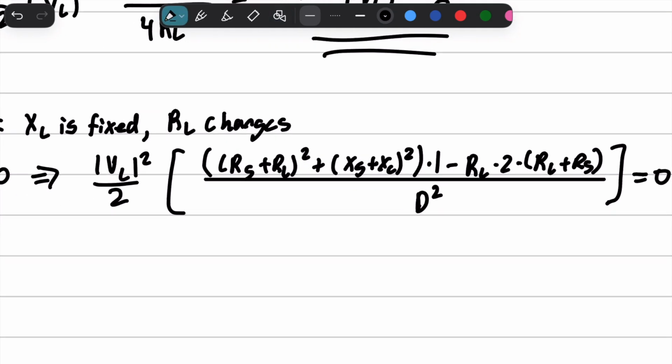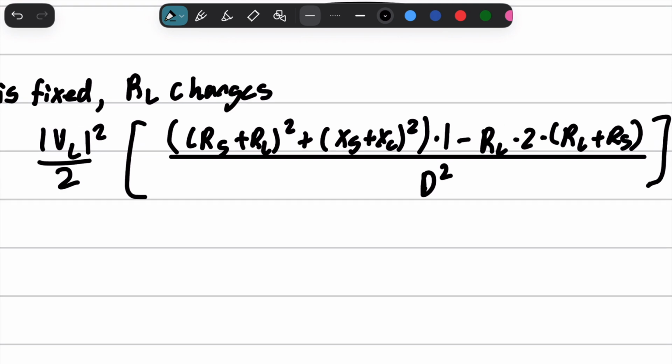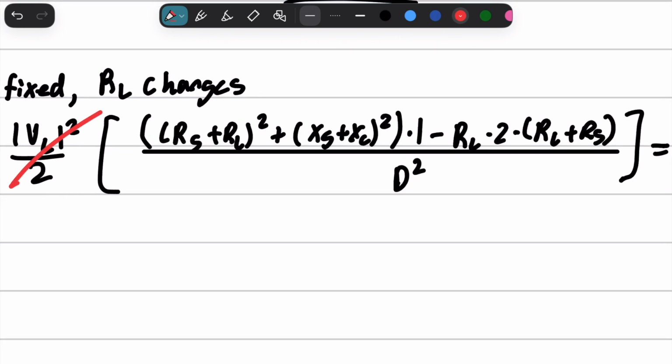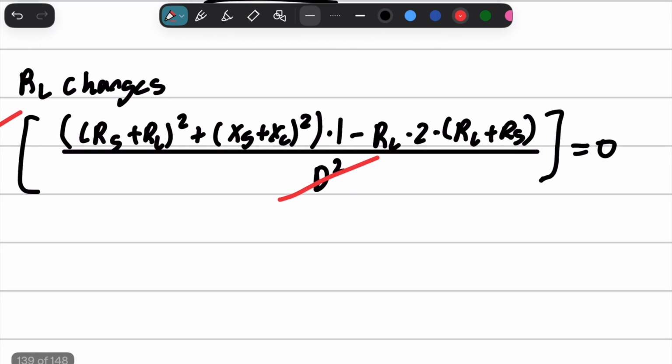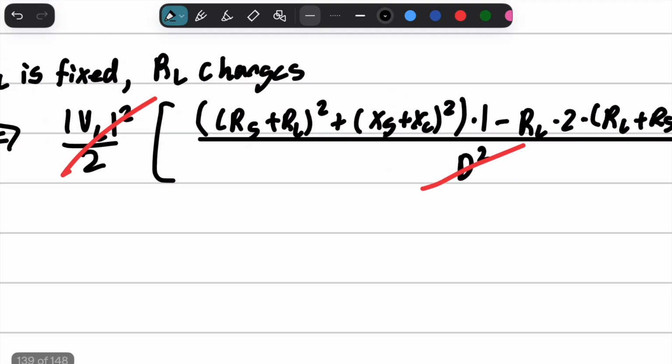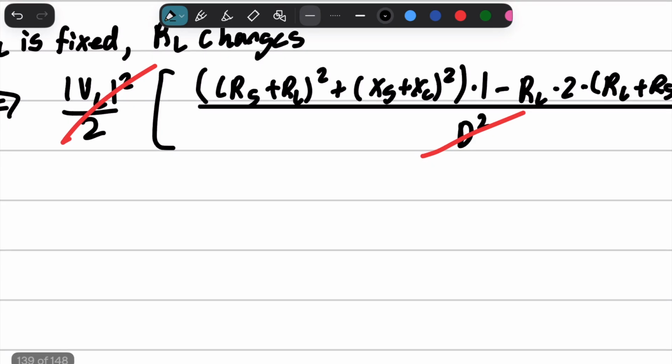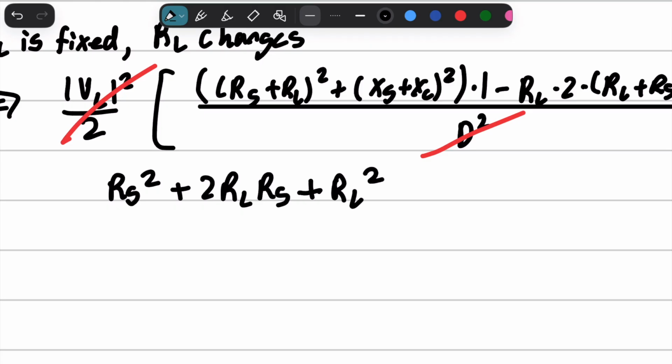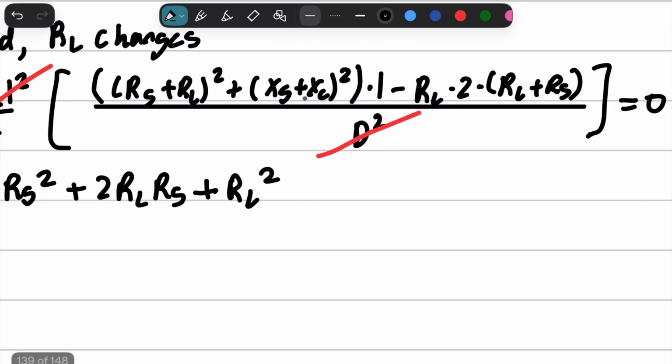And it should be trivial at this point now, but we're going to go ahead and remove these, and then we're going to simplify. I'm going to keep this the same way. I'm not going to expand this right here. I'm just going to say RS squared plus 2RL RS plus RL squared. I'm going to just keep that like that for now.